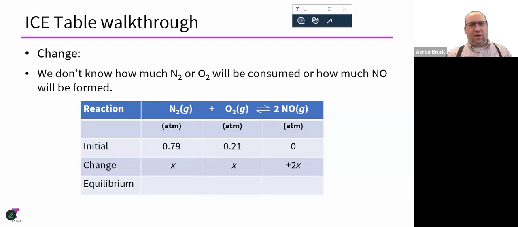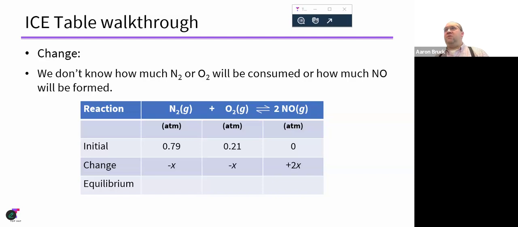And so our next step would be identifying the change. Since we know that there's no product, we know that this reaction is shifting toward the products. It's shifting to the right. That means that the concentration of the product is going to go up by a certain amount, and the concentration of each reactant is going to go down by a certain amount.